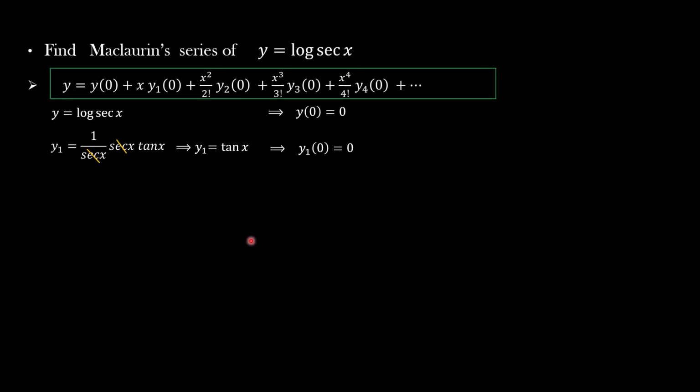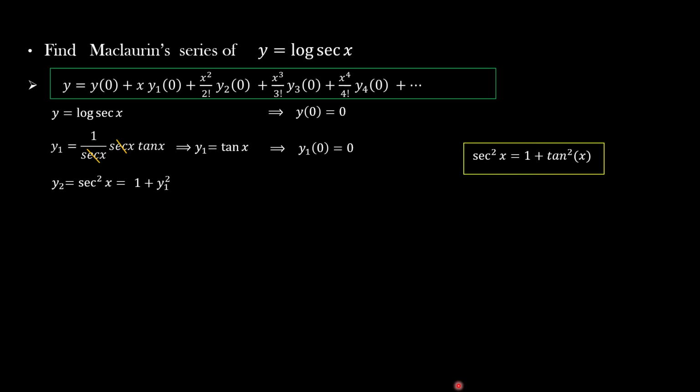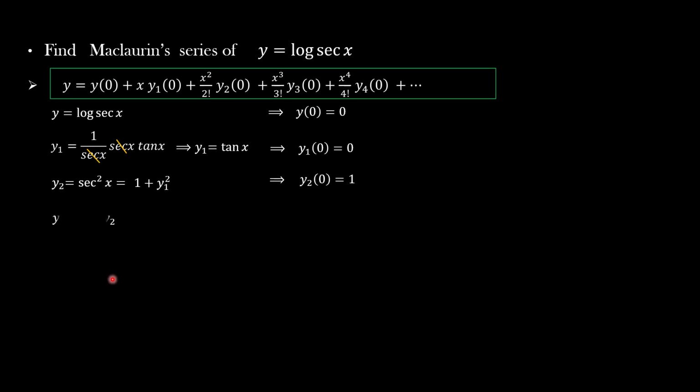y2 is derivative of tan x, which is secant square x, and secant square x is 1 plus tan square x. Therefore, I can write y2 as 1 plus y1 square, which implies y2 of 0 is equal to 1. y3 is equal to derivative of 1, which is 0, and derivative of y1 square is 2y1 into y2.